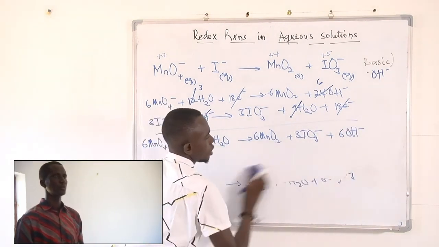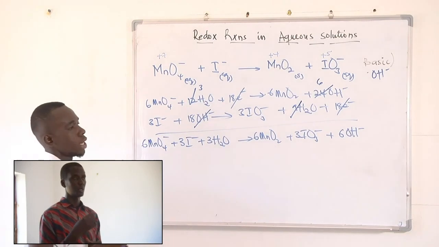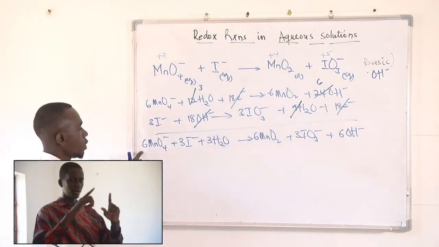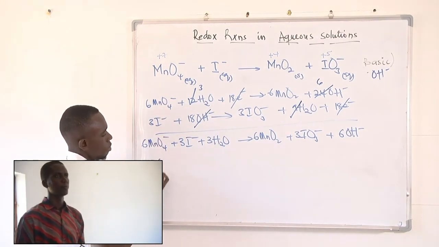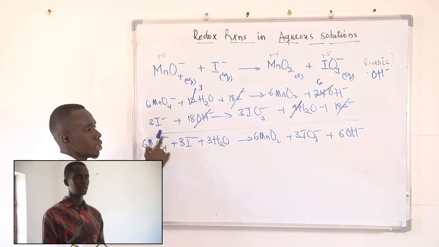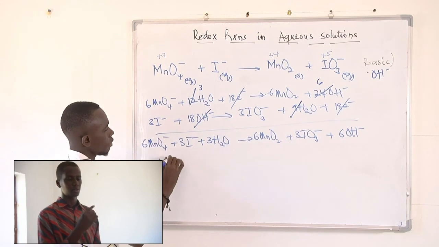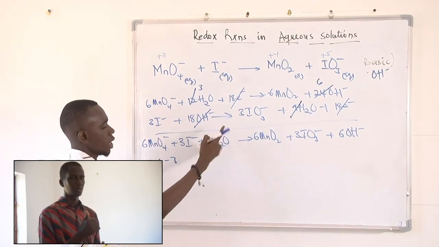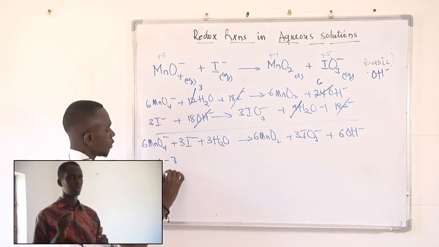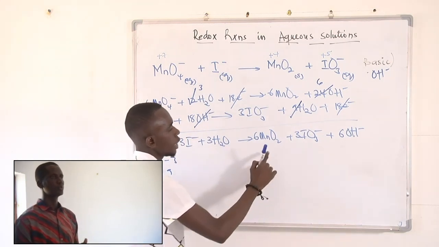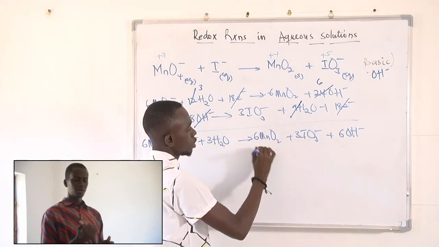Now let's check whether this reaction is balanced by looking at the charges. Here we have minus 6, that is 6 times minus 1, which is minus 6. We also have 3 times minus 1, we have minus 3. 3 times 0, we have 0. And this we have minus 9. And this set, 6 times 0 is going to be 0.